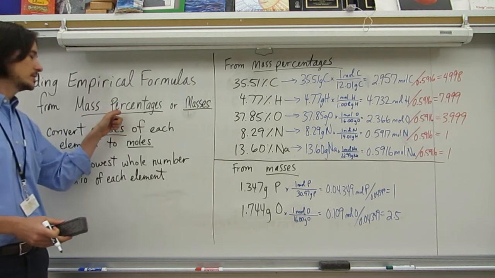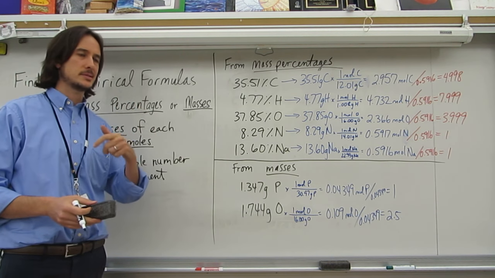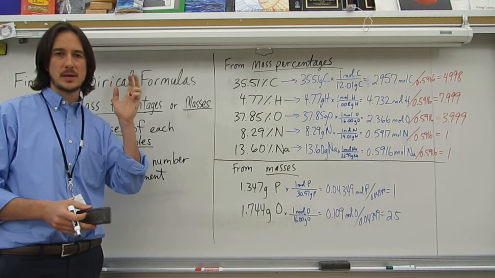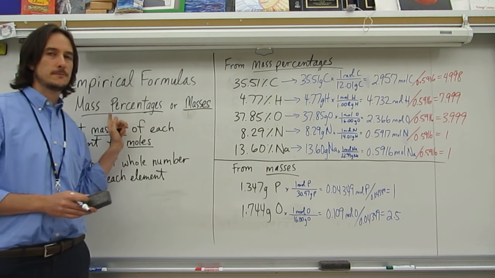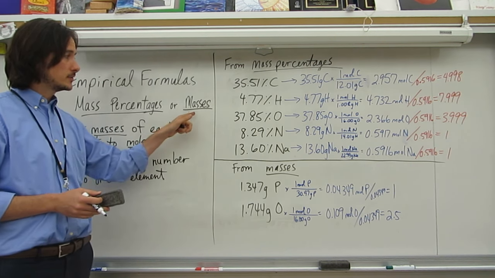So if you're given a mass percentage, if you're told, okay, we've got a compound and it's 50% by mass this and 25% by mass something else, you can figure out the empirical formula of the compound. Or if you're given the masses.